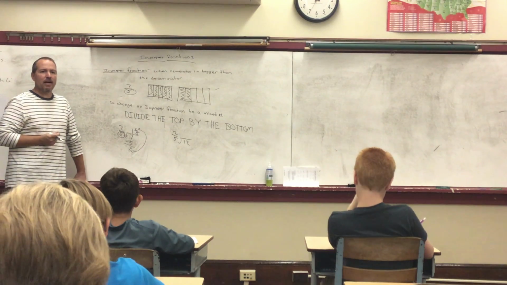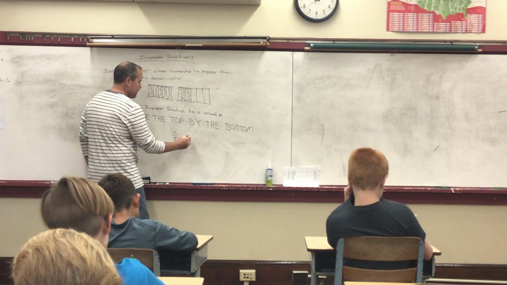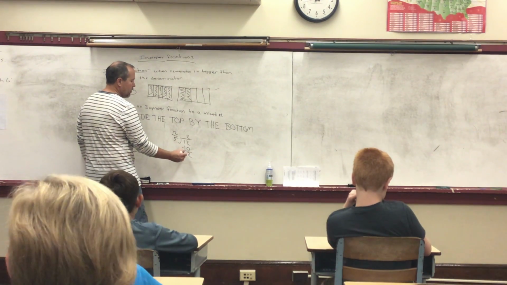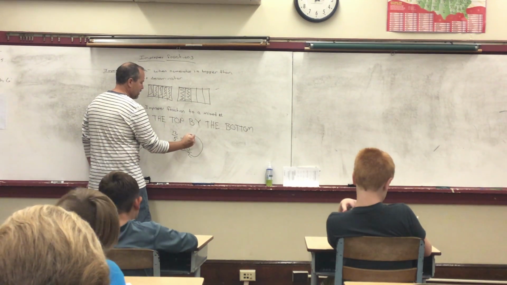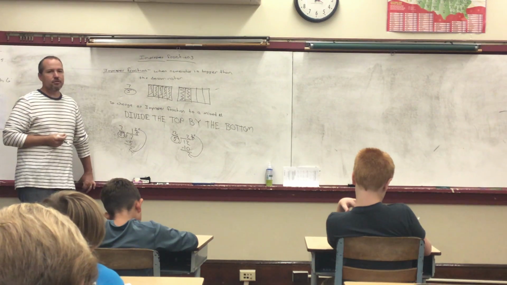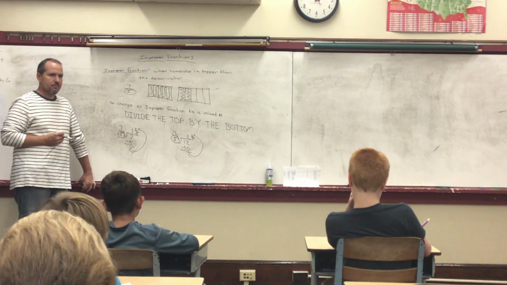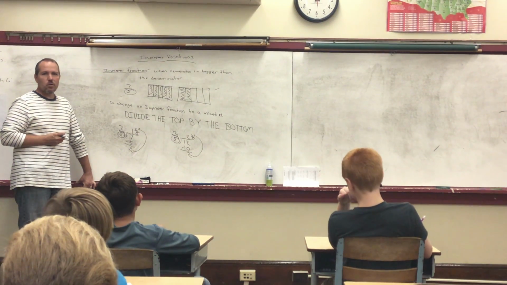How many 5s go into 12? 2. 2 times 5 is 10. Subtract, you get 2. That 2 becomes your numerator. The 5 is your denominator. And you would have 2 2/5. Questions about that?